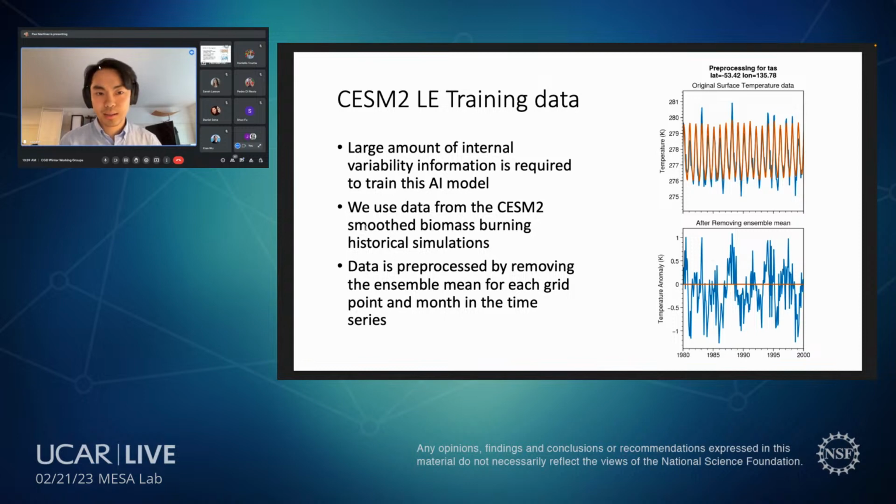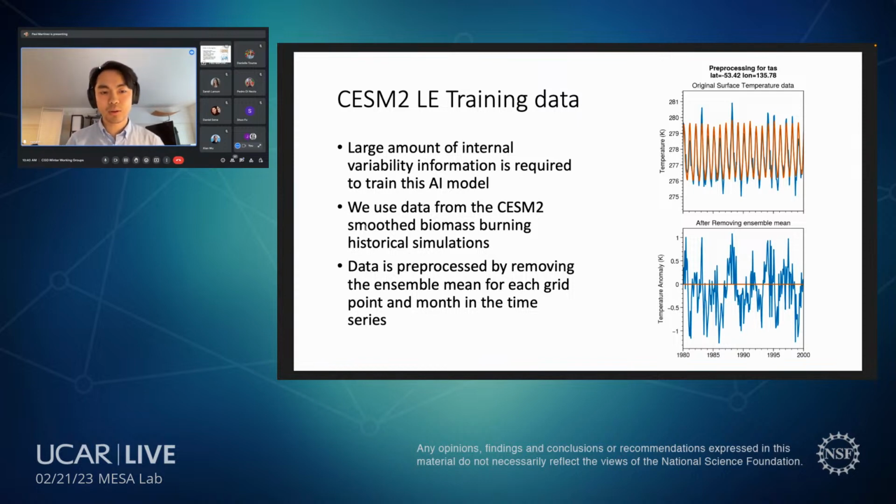So for our training data, we're using the CSM2 large ensemble, and this is because the AI still requires a large amount of internal variability information to be properly trained. And so in this case, we're using data from the CSM2 smooth biomass burning historical simulations. So that's the second 50 ensemble members of the historical simulations.